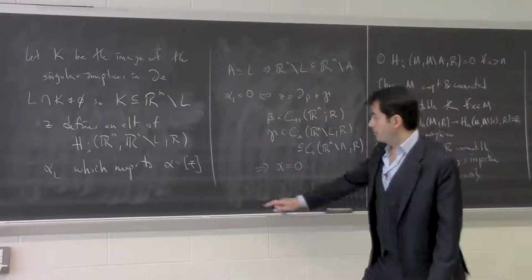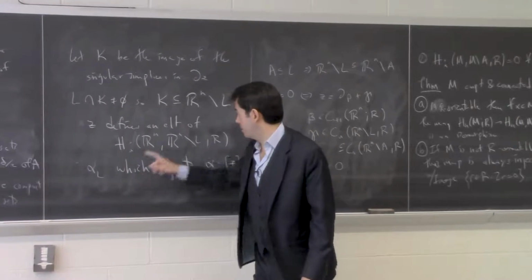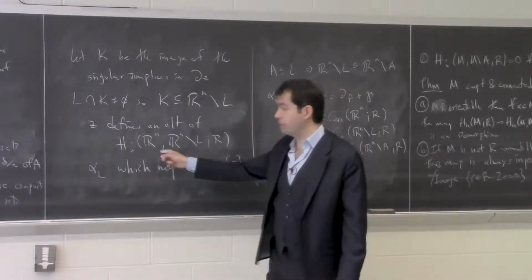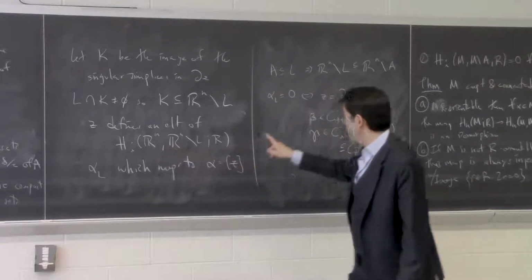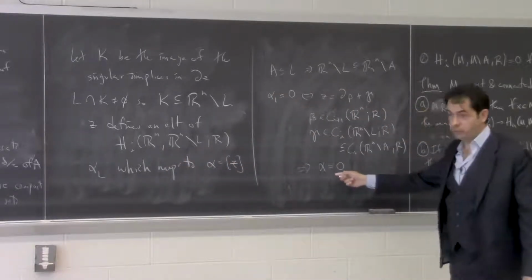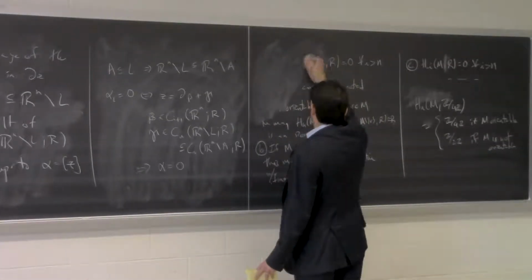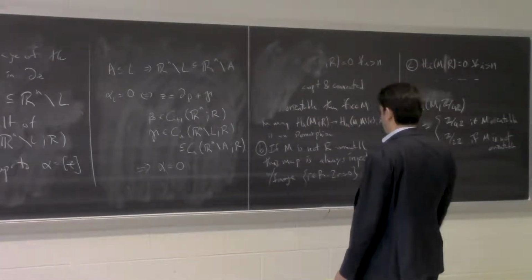Right, so we've taken a representative of our class and seen that it represents an element here. And if that element vanishes, then the one we started with vanishes. Right? So now, I shouldn't erase this.